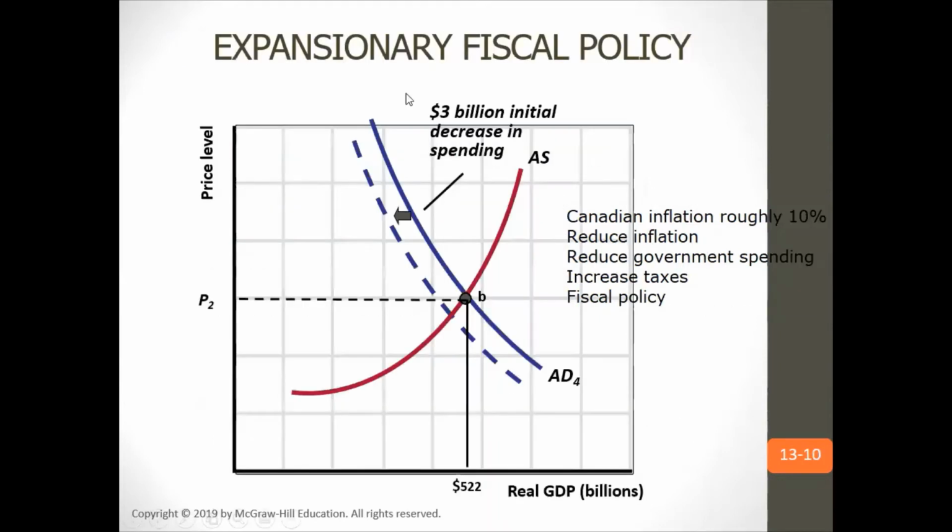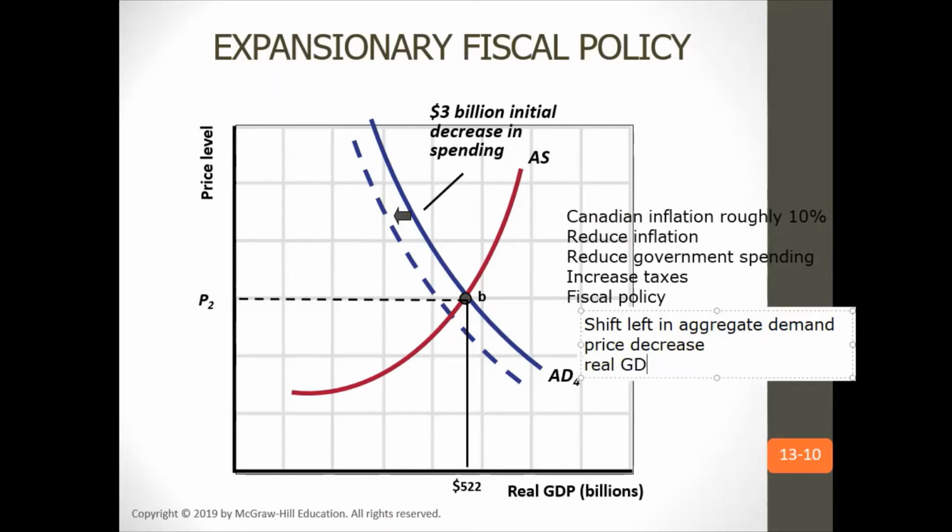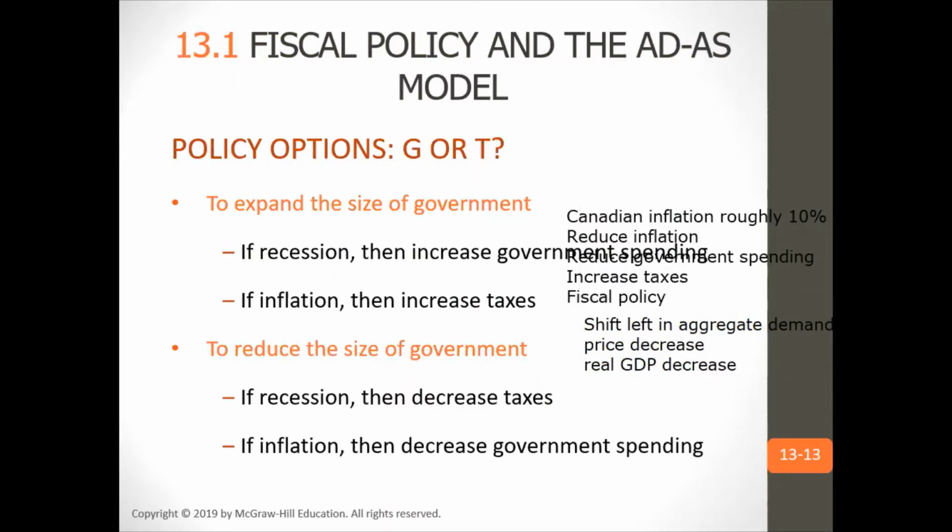So then if they do that, aggregate demand will shift left. So this causes a shift left in aggregate demand, and prices decrease, real GDP decreases.